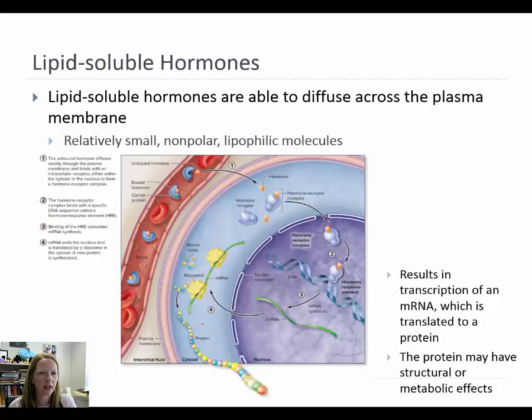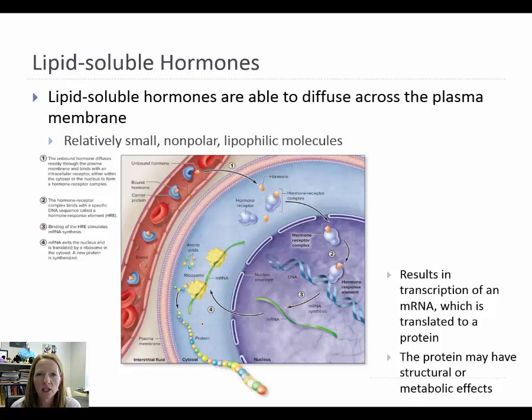So let's take a look at the differences. What happens when it actually gets to its target cell? Let's say you have this lipid-soluble hormone traveling around in the bloodstream. Remember, it has the carrier protein. It leaves the bloodstream and is going to find a target cell.